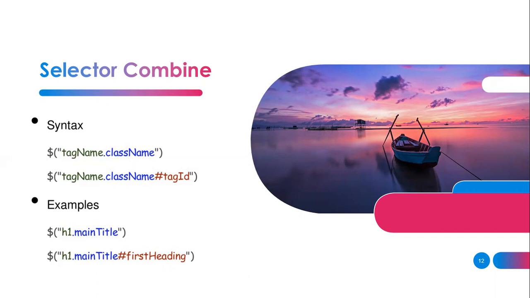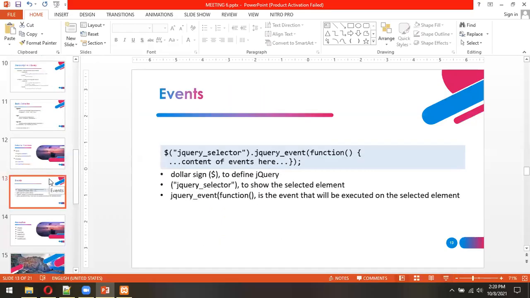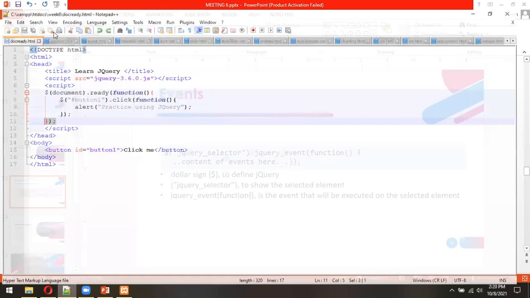So the first is tag, the second is class, and next the ID. Sometimes we can also put the ID first and then the class name, but the tag usually must be in front when we want to combine. Okay, so I will give an example first.